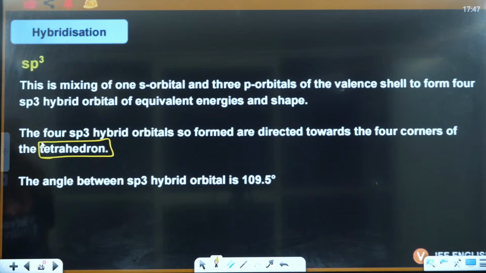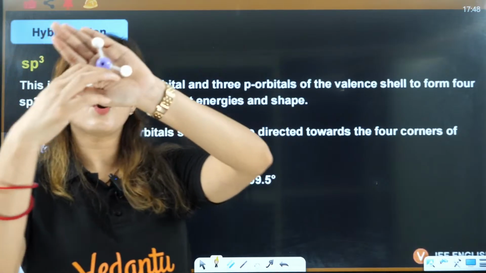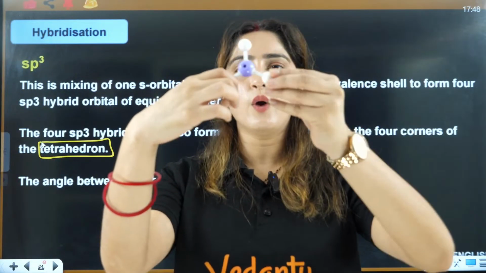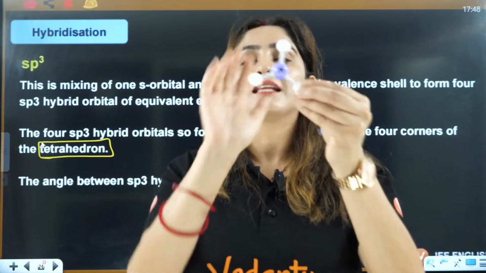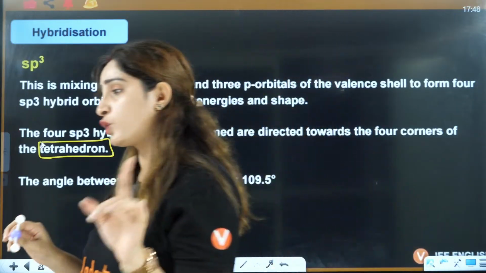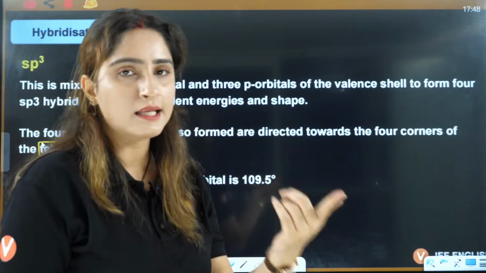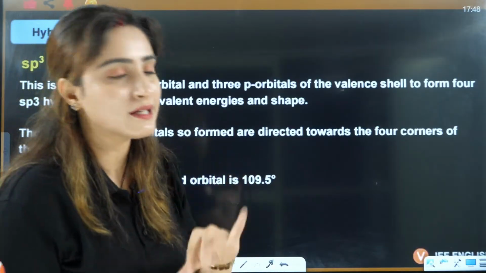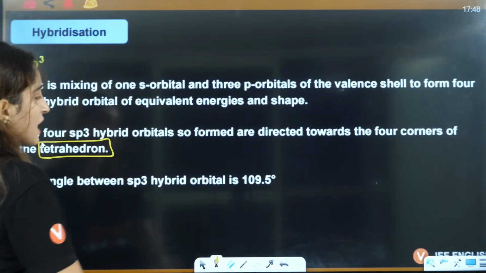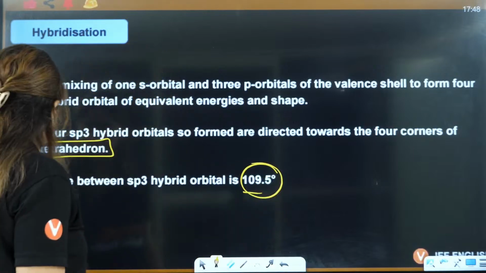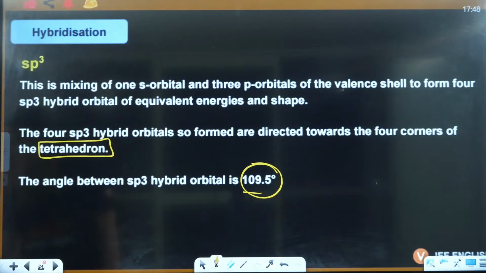Now if I discuss trigonal planar, that will be like this. This is your trigonal planar. In a plane you have a triangle kind of structure that is given by sp2. You just need to remember that: sp is linear, sp2 is trigonal planar, sp3 is tetrahedral, which has a 109.5 degrees angle.